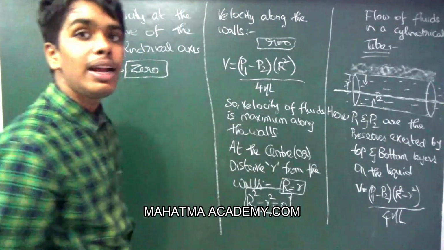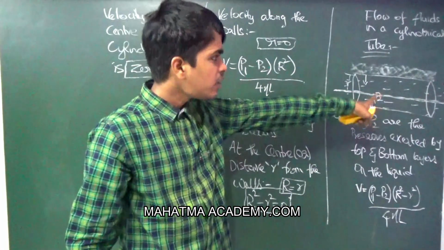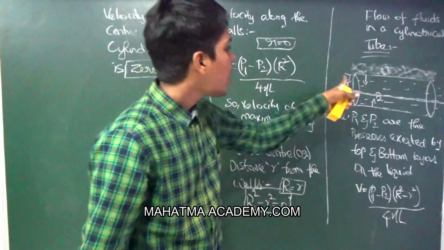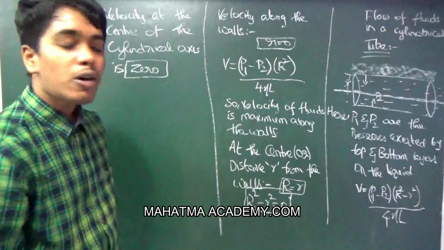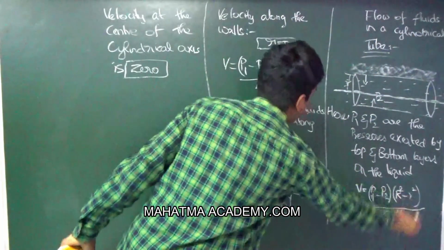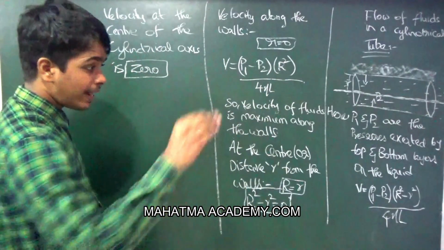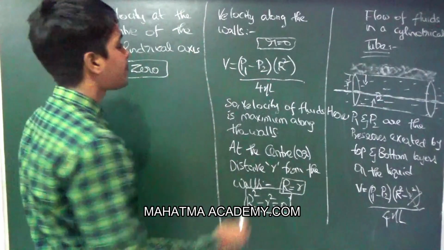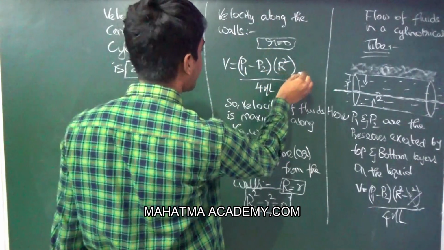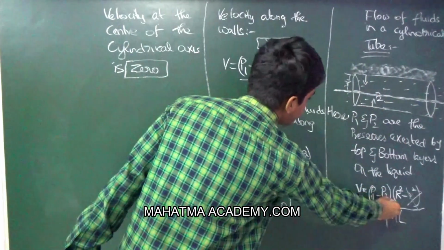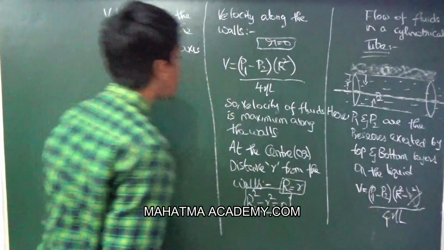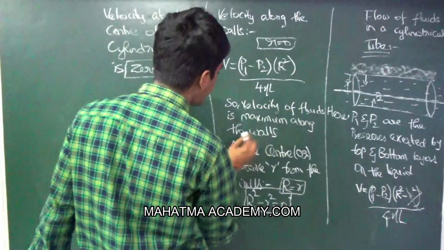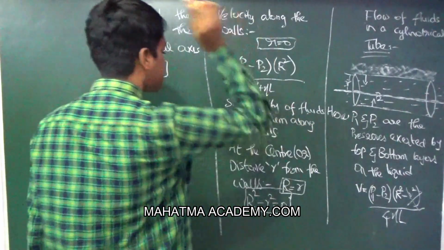Now we will find out what the velocity is along the walls. Along the walls, small r is equal to 0, so we can neglect this term. We will write only (P1 minus P2) into R square upon 4 eta L. So the velocity of fluids is maximum along the walls.